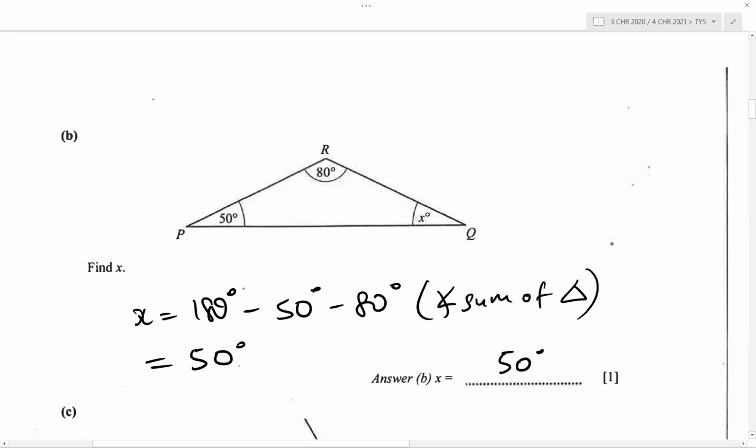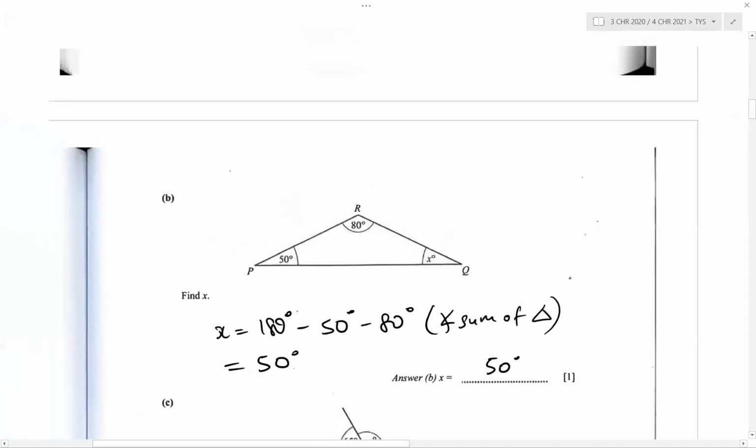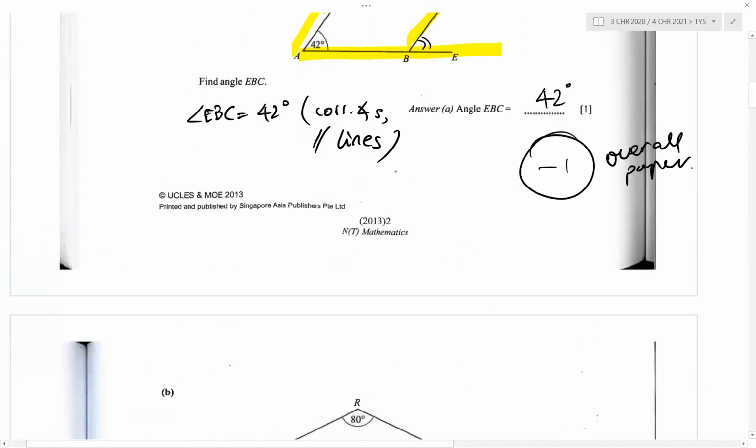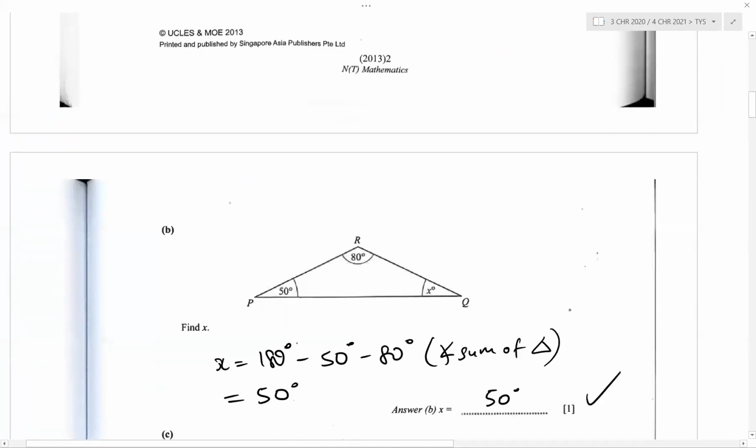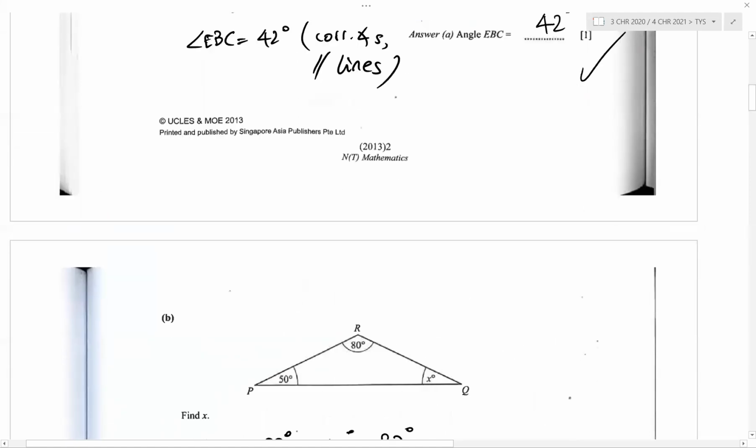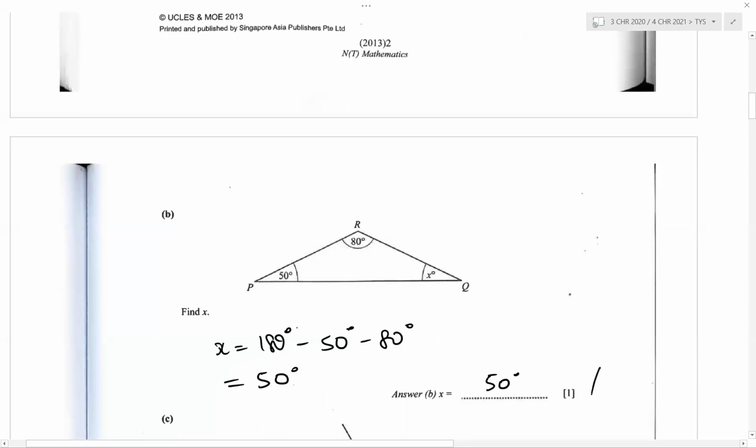The Z is alternate angles. Now, so this is the situation over here. If you write reason here, good, you get 1 mark. But if you forget to write this reason, then here you write reason, this one you get 1 mark, but overall minus 1.